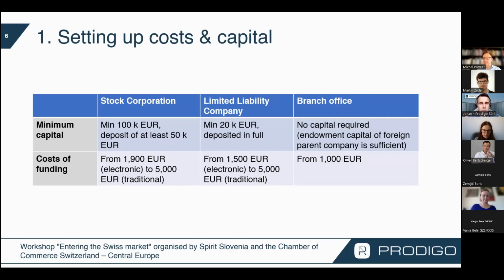The price ranges from 1,500 Swiss francs to 5,000 Swiss francs or euro. For a branch office, it is a little bit less because the process doesn't require to go through a notary, so you can do the procedure by yourself.